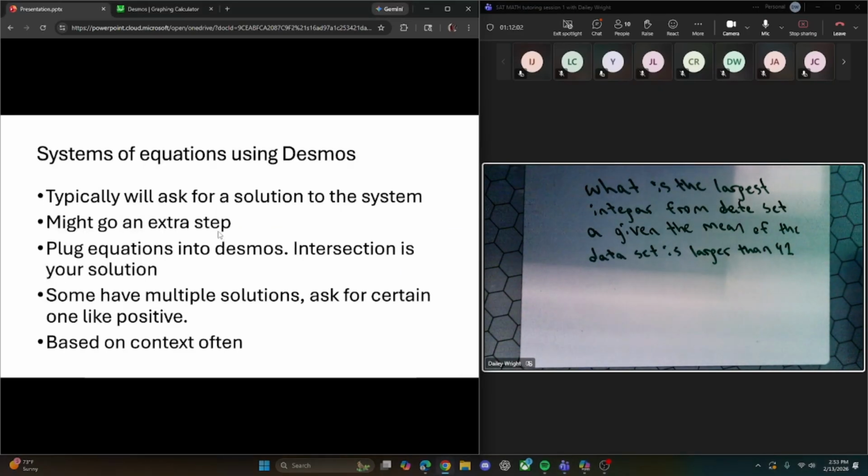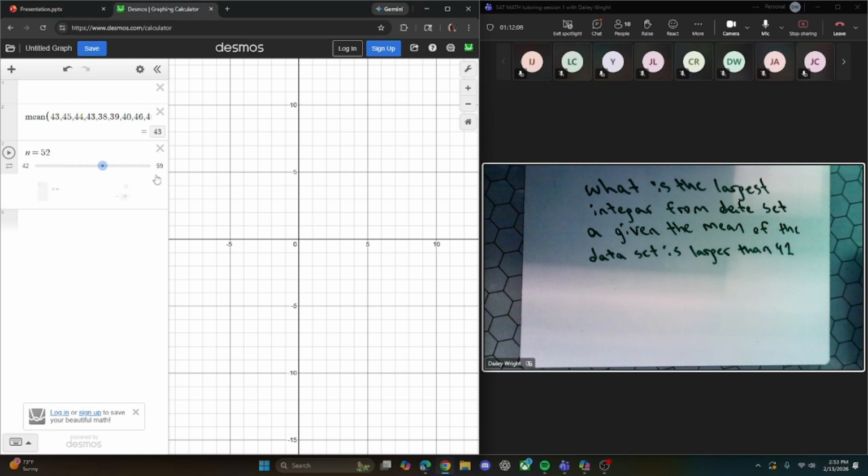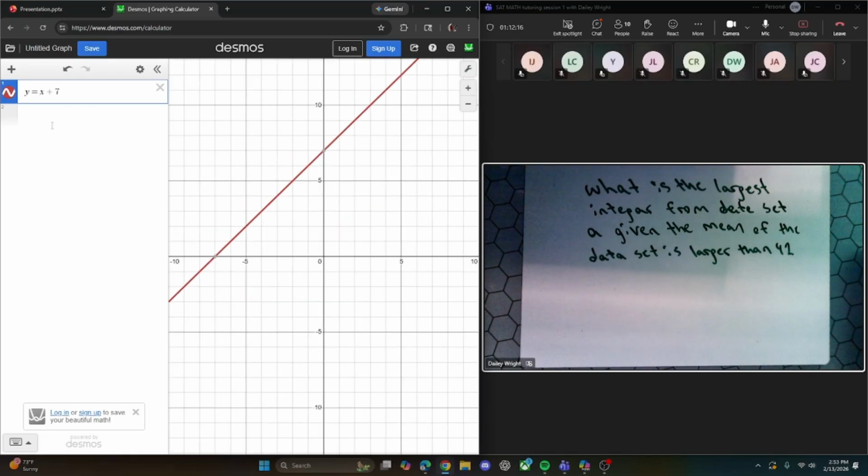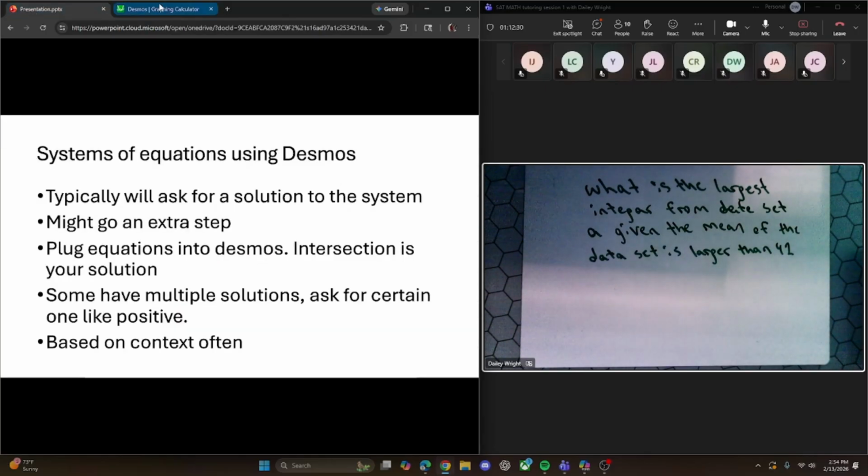Next. So now we're going to go over systems of equations using Desmos. We did that earlier when I was describing different types of solutions. You will see I put in 2 linear equations, and I showed you guys how you might see them as a solution, which would just be where the 2 equations cross.